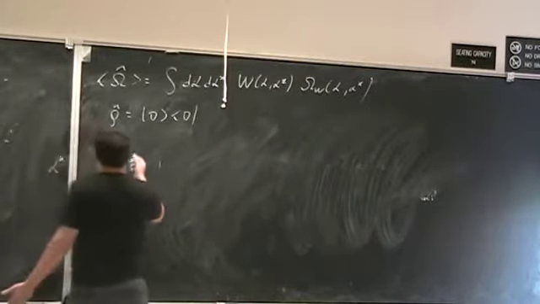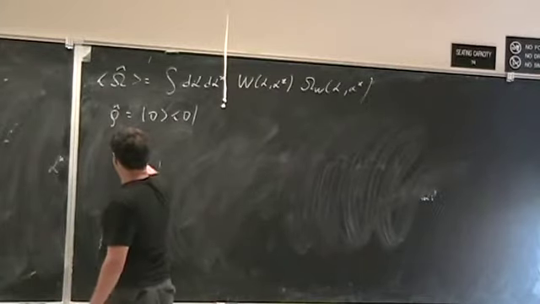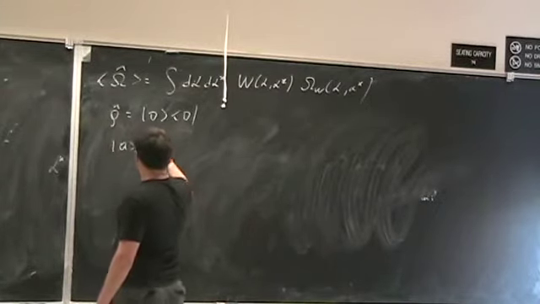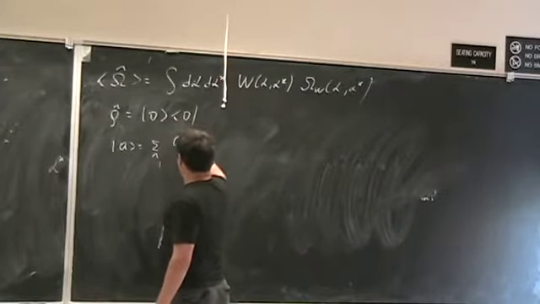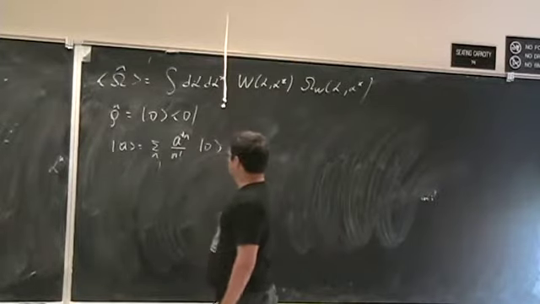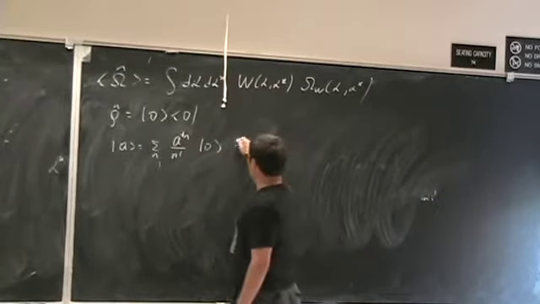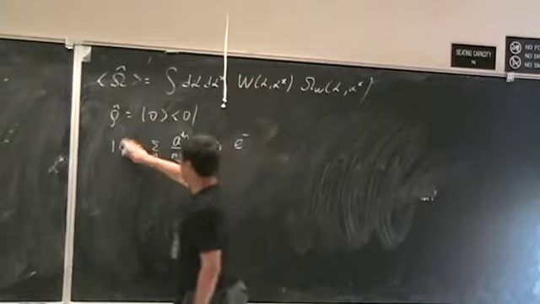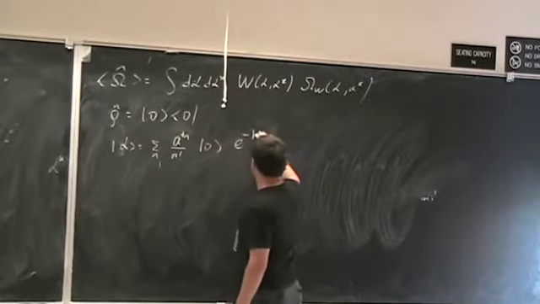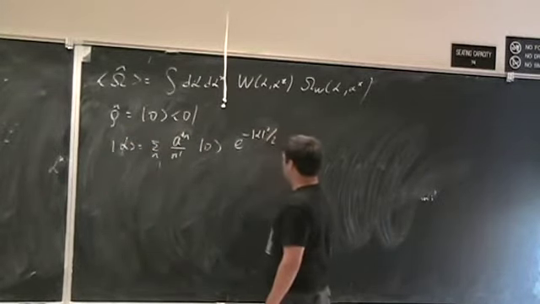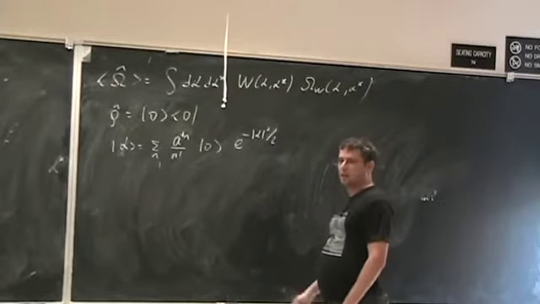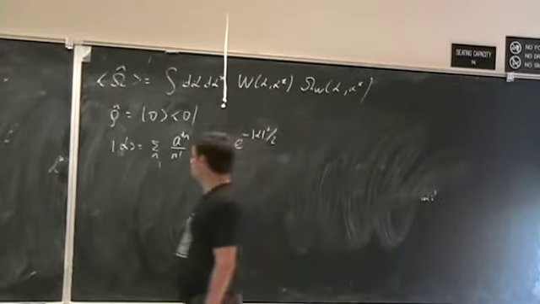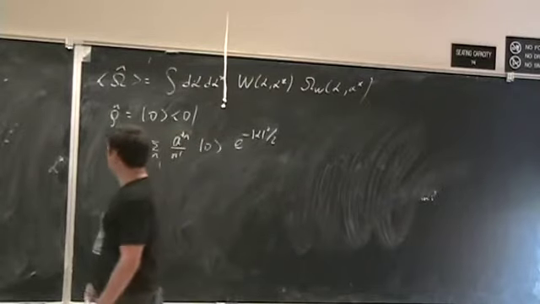And then, well, I know what my coherent state is, right? So my coherent state is just a sum over n of a dagger to the power n acting on vacuum, times e to the minus alpha squared over 2 from normalization. So you just see that the overlap with vacuum is just given by e to the minus alpha squared over 2.